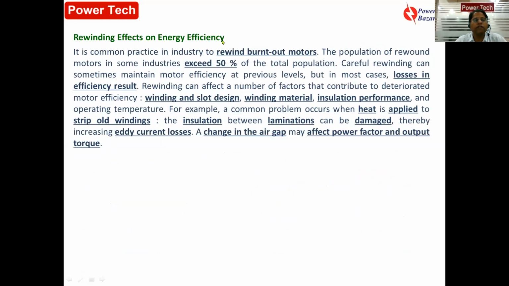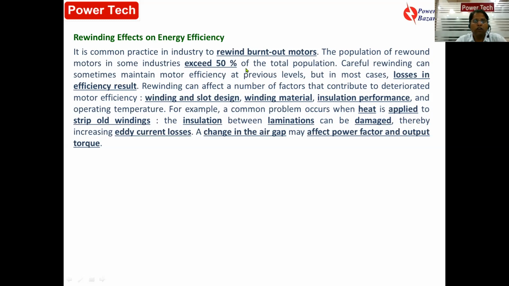Rewinding effect on energy efficiency. Normally in any industry, if the motor fails, why does it fail? Because of higher load, because of short circuit, because of improper maintenance. So its windings get damaged, and the stator windings need to be replaced. Normally in any industry, these things are done by a local service provider, the local rewinder, or by in-house technicians.